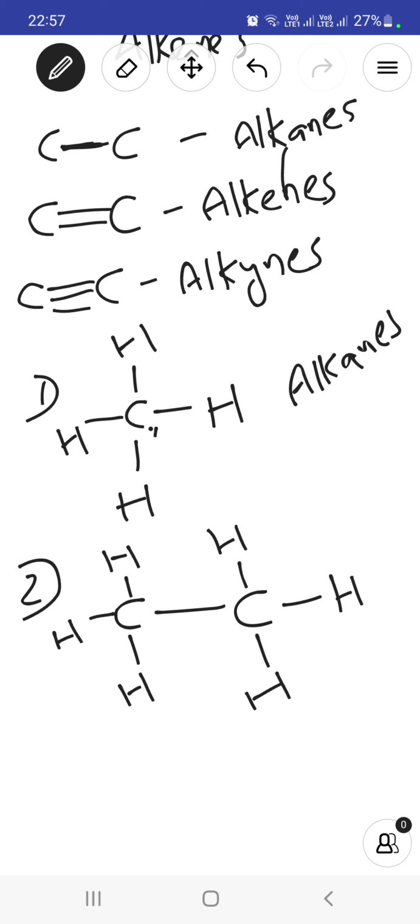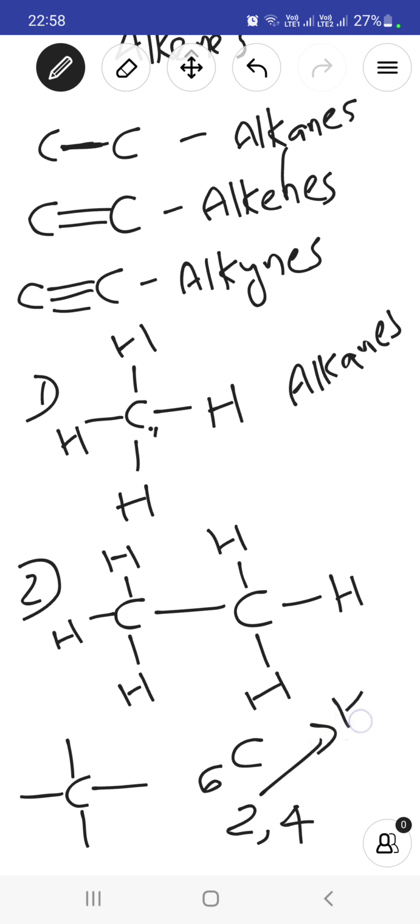Why does carbon make only 4 bonds, and why can carbon not make more than 4 bonds? There is a reason behind that. You have already learned in the previous chapters that the valency of carbon is 4. The carbon atomic number is 6, and its electronic configuration can be written as 2,4: 2 electrons in the K shell and 4 electrons in the L shell.